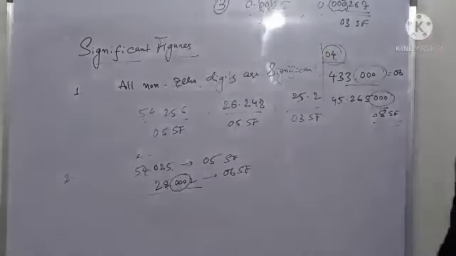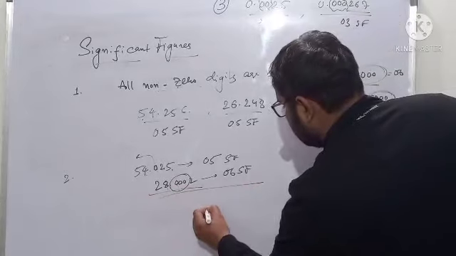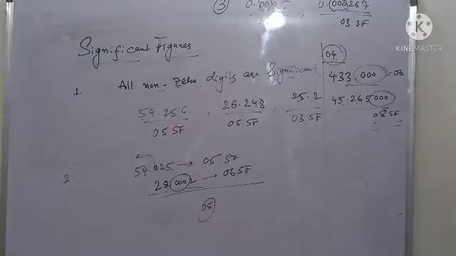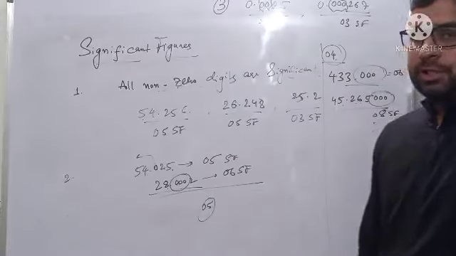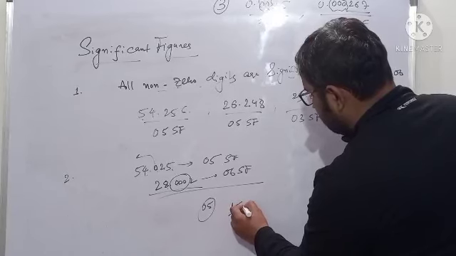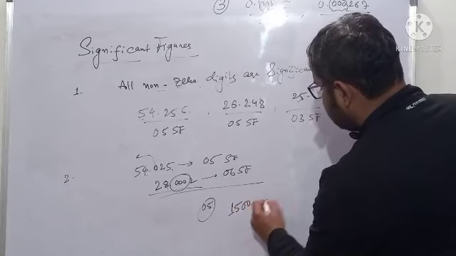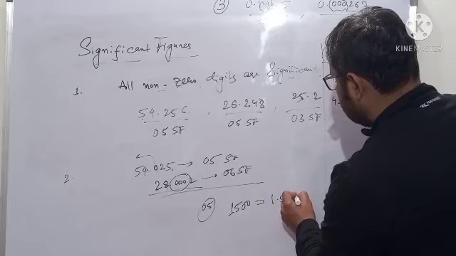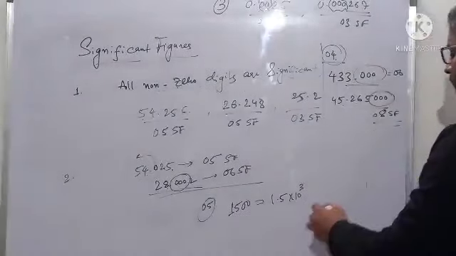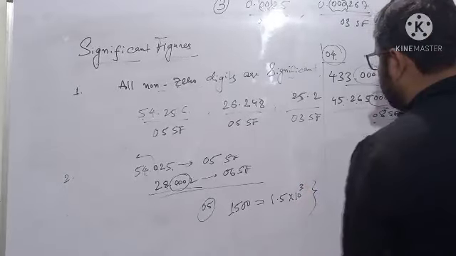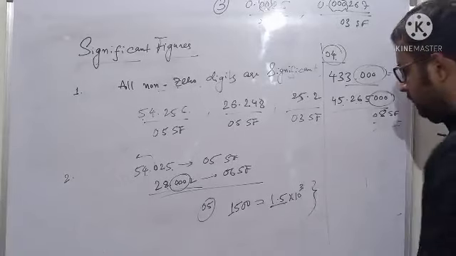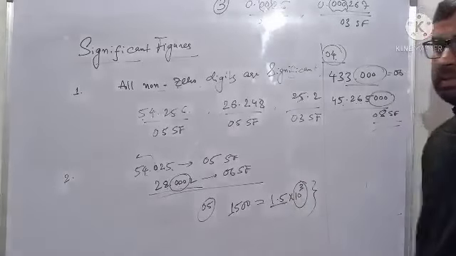Now comes my rule number 5. We write the numbers in scientific notation. Suppose we write 1500. I can write this as 1.5 into 10 to the power 3. So when we get a number in scientific notation, the numerical part is only significant and this part is insignificant.